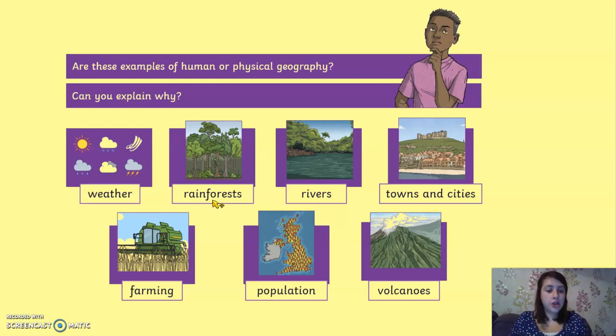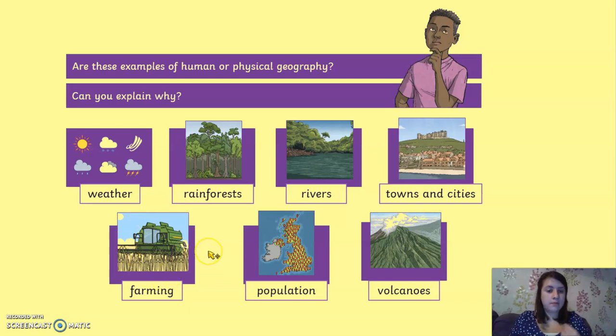Things that are human geography are either affected by us humans or are made by humans. So our towns and cities, okay? We build the shops and the houses and the things in towns and cities to make them. The population is affected by us because we populate the countries.